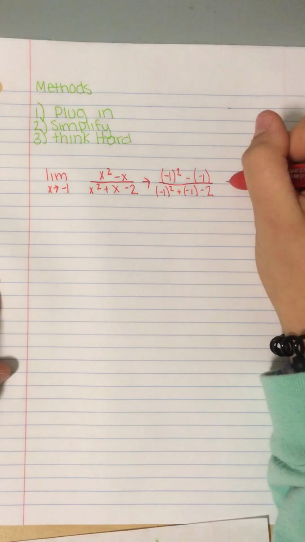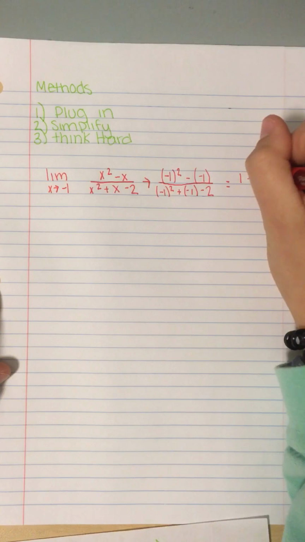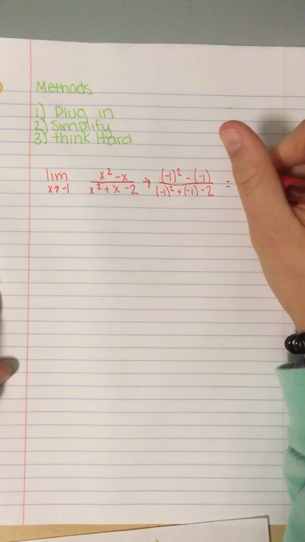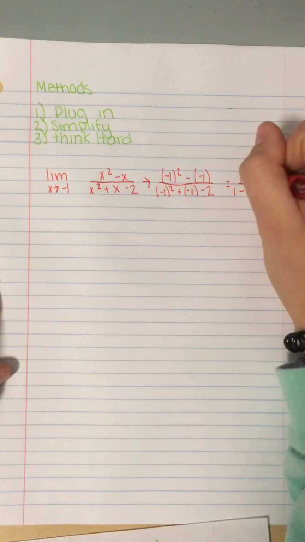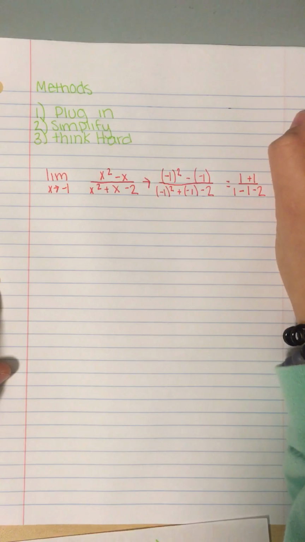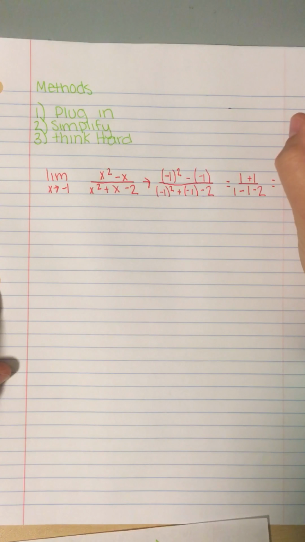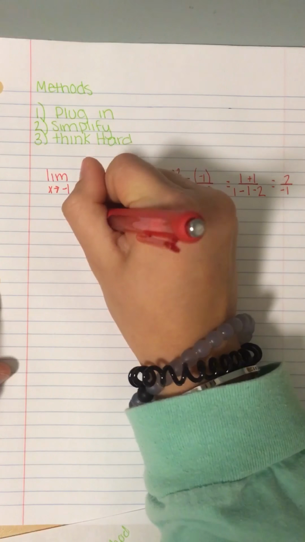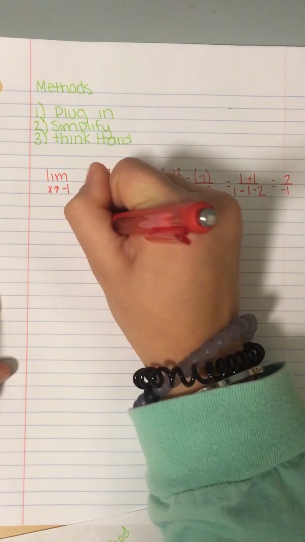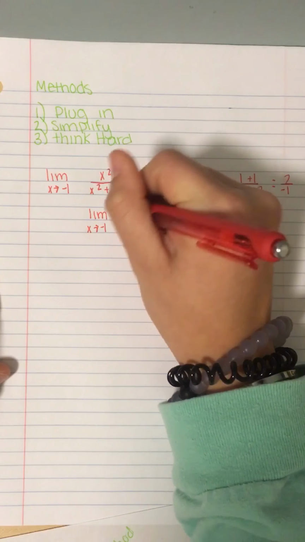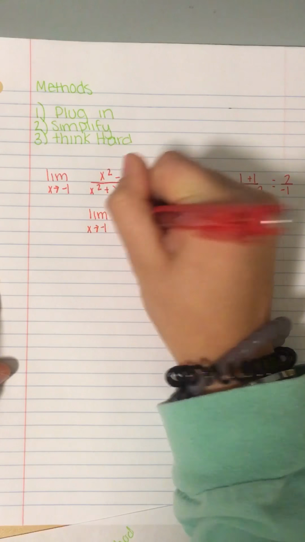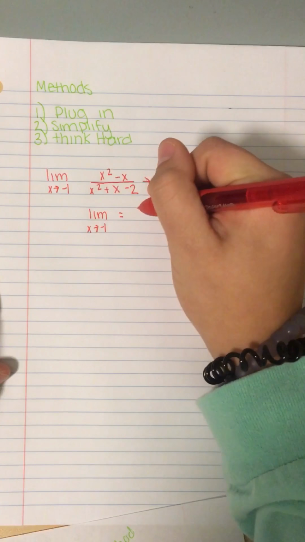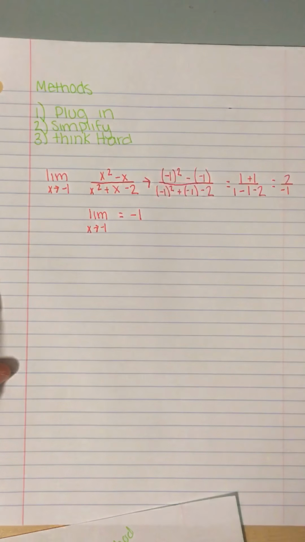So that's going to equal 1 plus 1 over 1 minus 1 minus 2, which gets you 2 over -2. So the limit as x approaches -1 of all of this is equal to -1.